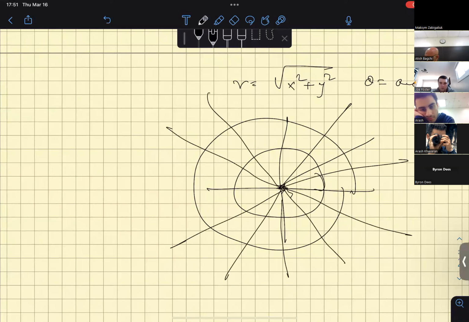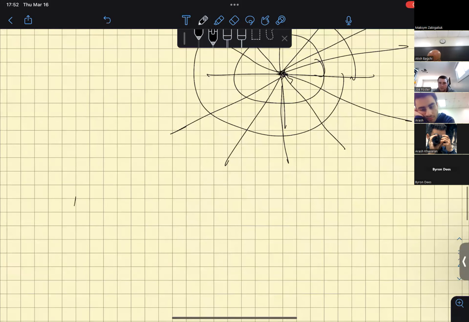But this is an orthogonal coordinate system because you see the tangents to each of these are perpendicular, and this is normal to this line, this one is normal to that line. So the T and the N systems coincide. And T1 dot T2 is equal to 0, N1 dot N2 is equal to 0.